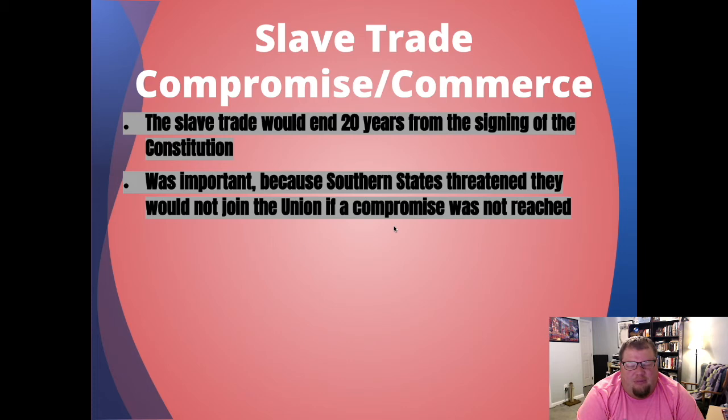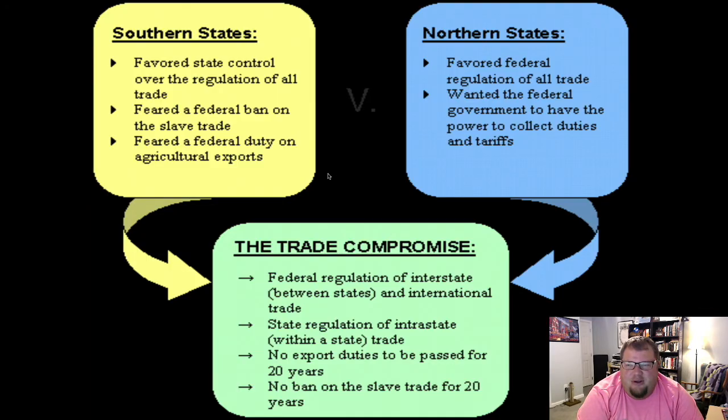That was the compromise that had to be made to get the Constitution passed. So if we look at how the southern states viewed the slave trade and commerce, and how the northern states viewed it, then you get the compromise that came about from it.